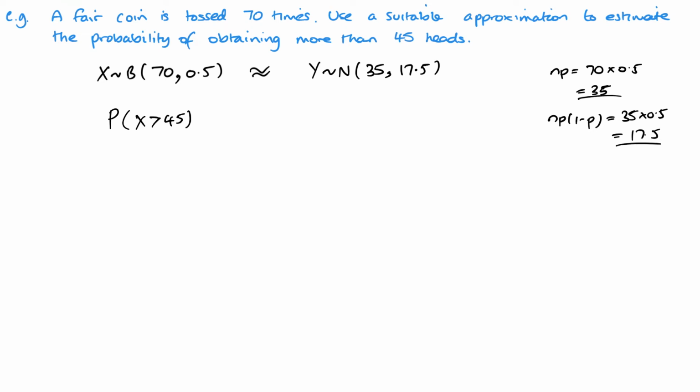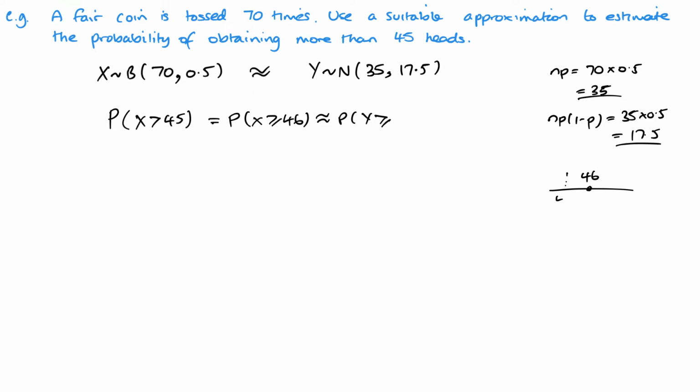Now let's look at our y. Before I go into my y, let's make my x greater than or equal to 46. And then we're going to use our approximation. So we're going into y's now, and this is going to be greater than or equal to. And again, if you're in doubt, just sketch it out.